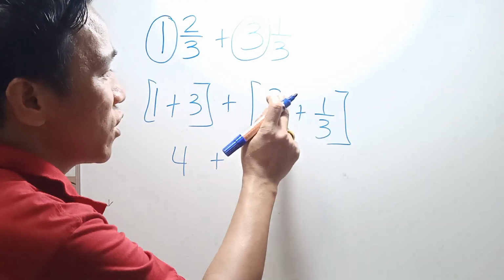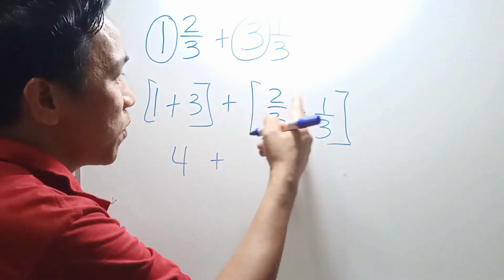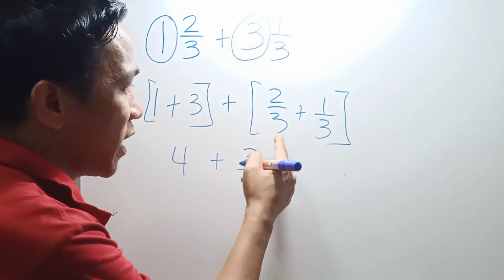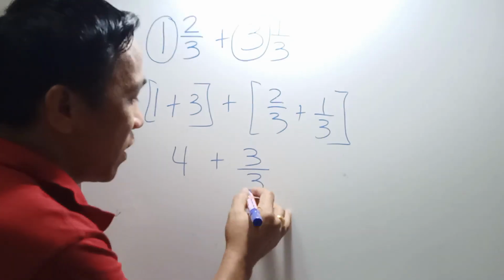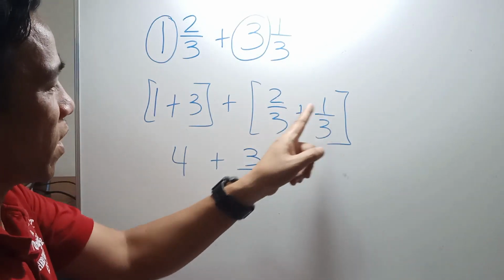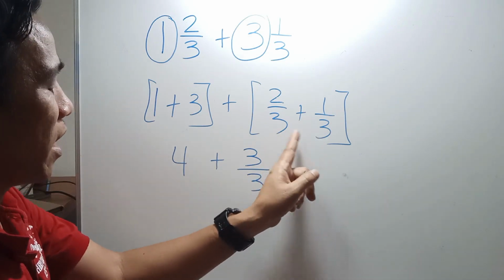So we just add 2 and 1 here. So 2 plus 1 is 3 over, and then copy the denominator. That is 3/3.